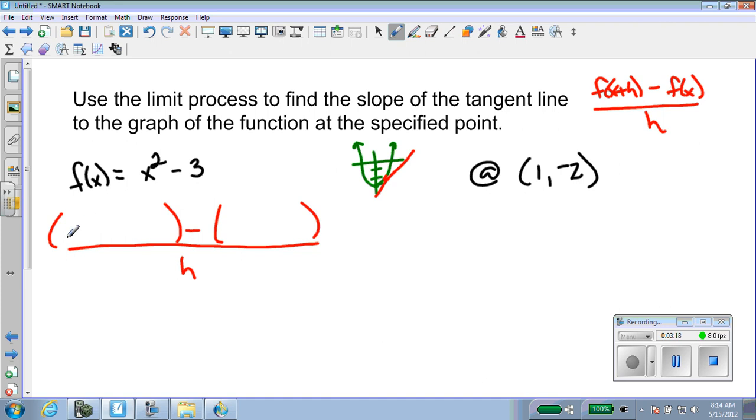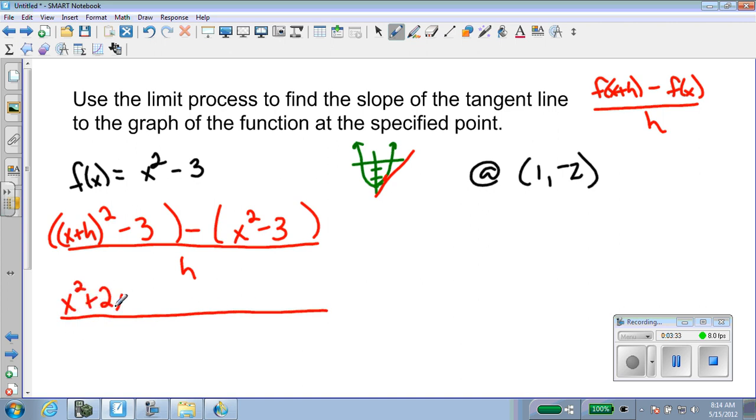So f of x plus h would be x plus h squared minus 3, and f of x would just be x squared minus 3. So we get x squared plus 2xh plus h squared minus 3 minus x squared plus 3 all over h.